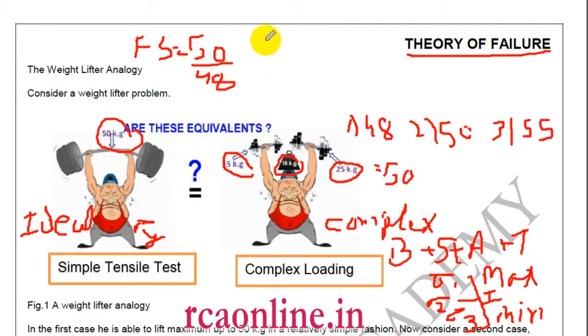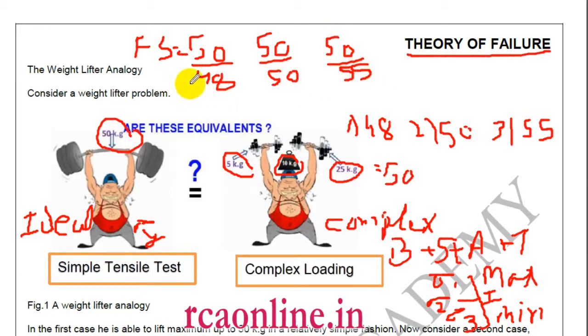In the second, the maximum allowable is again 50, and he lifts 50. In the third, the maximum allowable is 50, but he lifts 55.